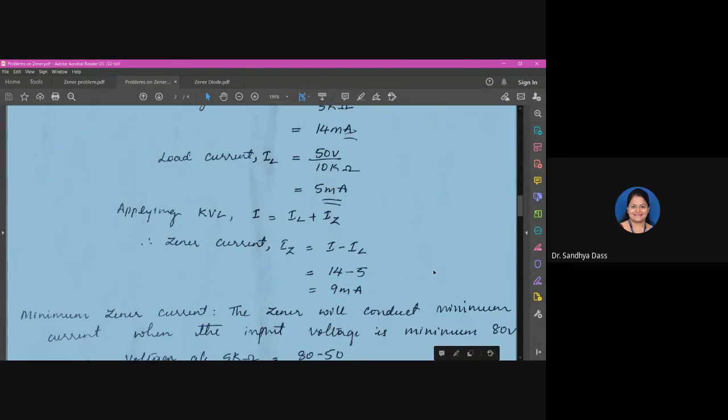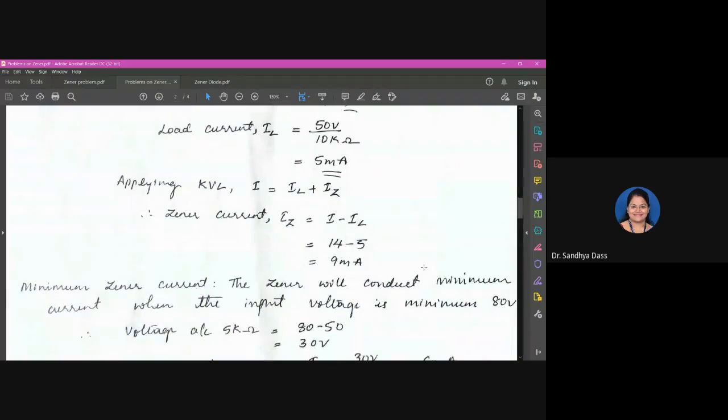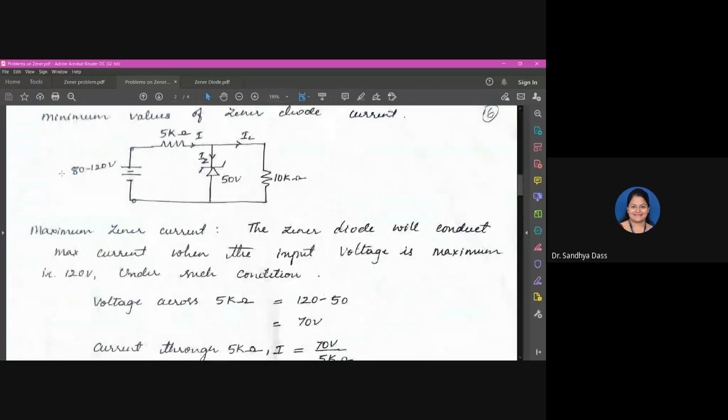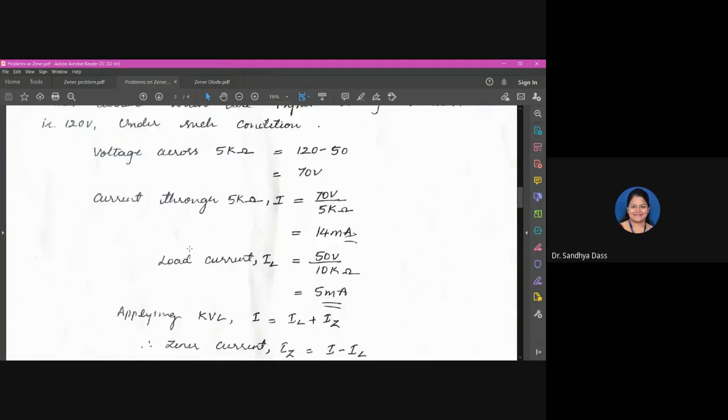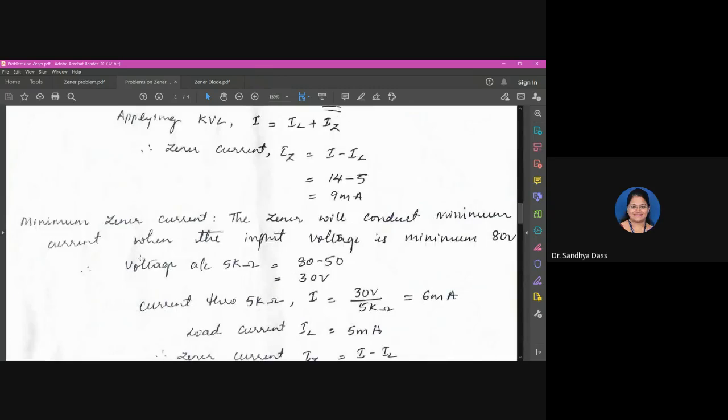Similarly, to find the minimum Zener current, you will take the input to be minimum. Take the minimum input voltage value, 80. Now again apply KVL. The voltage across the resistor will be 80 minus 50, that is 30 volts.